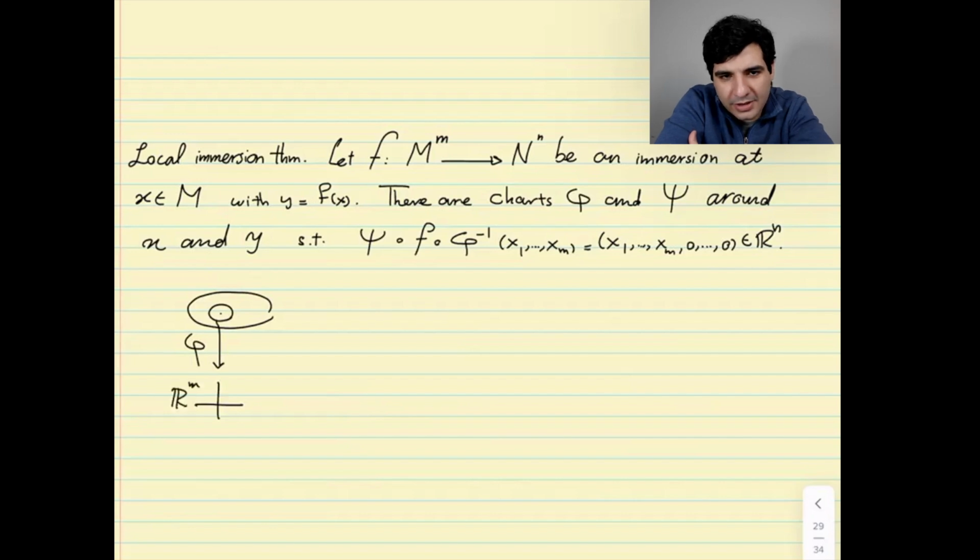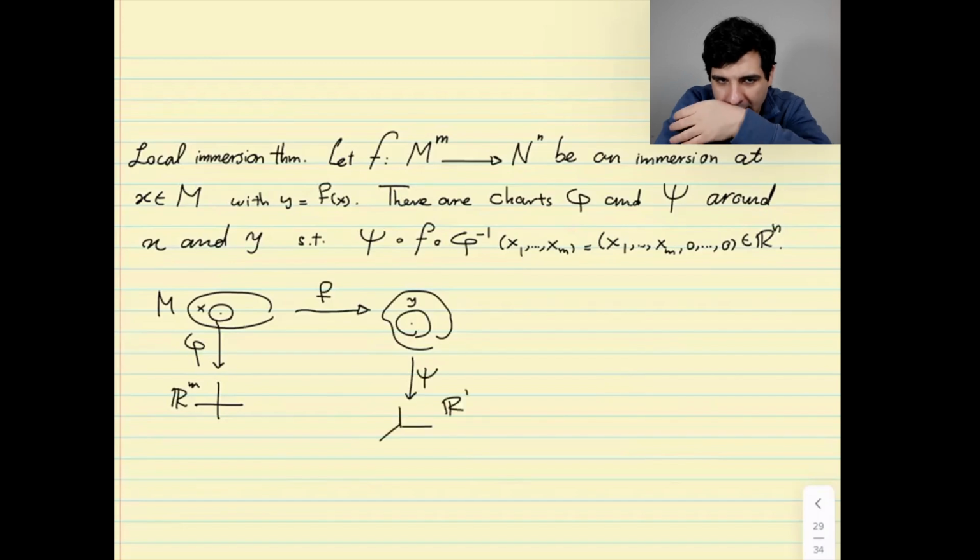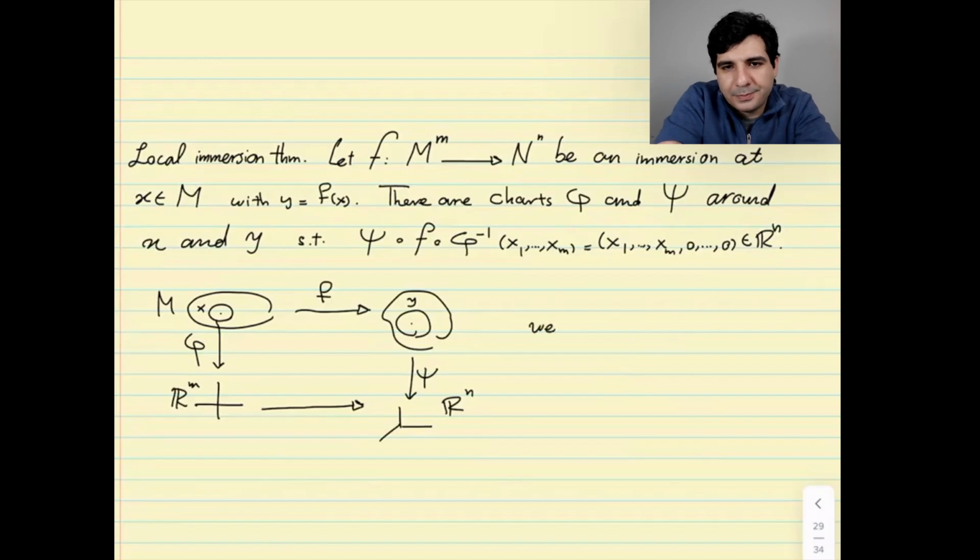So we are looking for some phi on M and some psi on N around Y, such that the composition psi of f of phi inverse is given by the model. So we should find suitable charts, suitable coordinates, phi and psi.